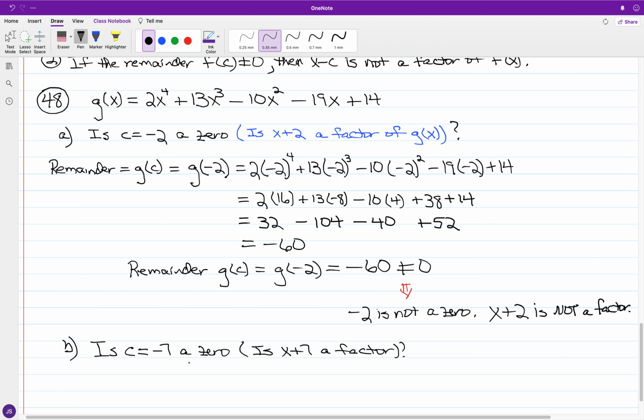Okay, and so for the remainder on this one, with the same polynomial and testing out g of -7, you have 2 times -7 to the 4th, plus 13 times -7 to the 3rd, minus 10 times the square of -7, minus 19 times -7, plus 14.